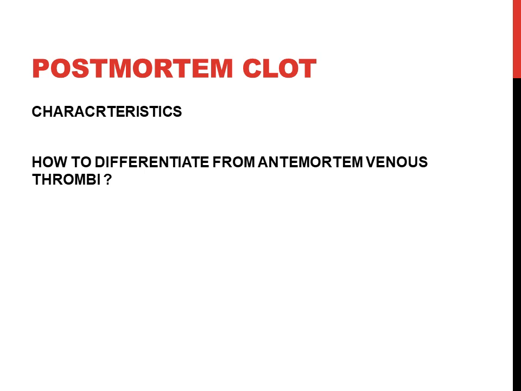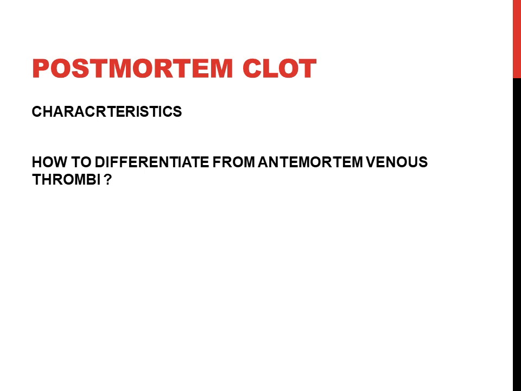So the dependent portion of the postmortem clot has a red appearance, while the upper portion, which contains plasma, has a yellowish look, and that is called the chicken fat appearance. And third, postmortem clots are not attached to the underlying vessels.